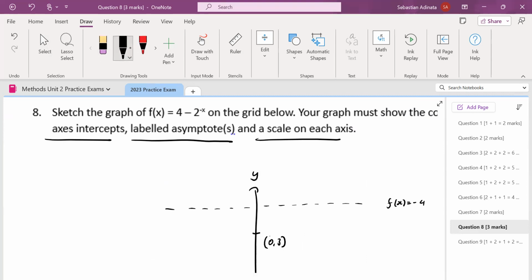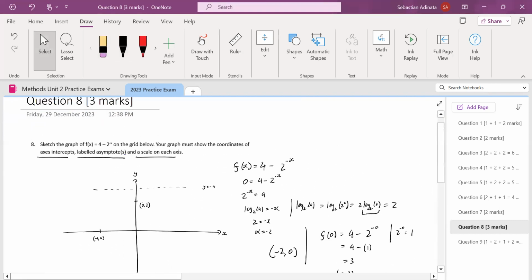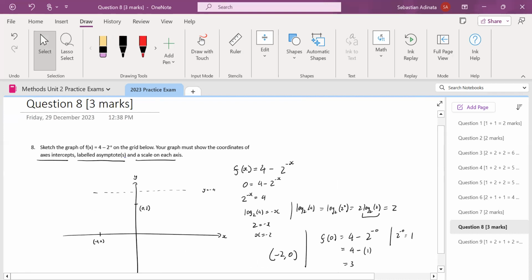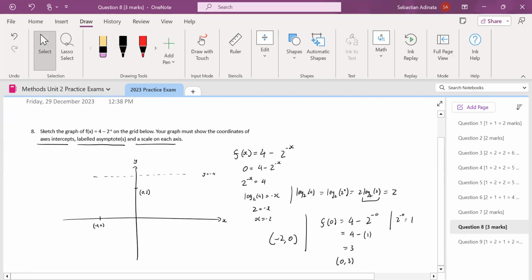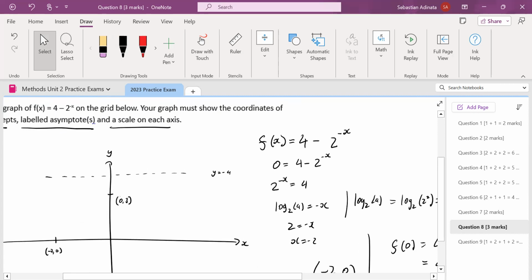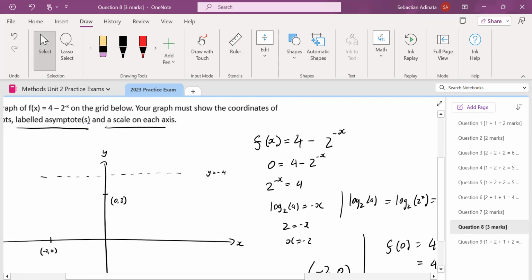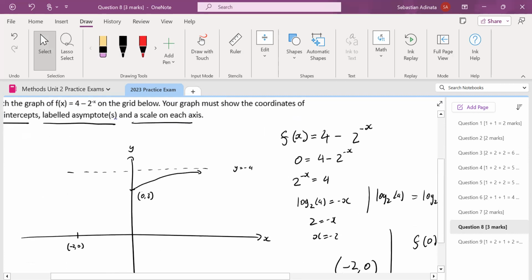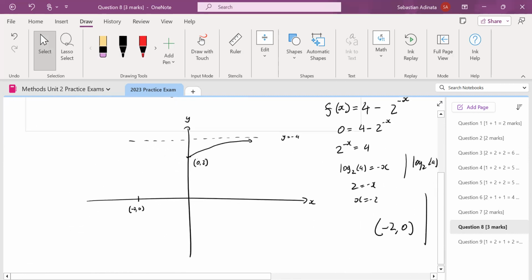We'll call it y. Never mind. So in terms of the shape, as x gets huge to the right-hand side, it'll always teeter off and never actually hit 4. And this is what it's going to look like.